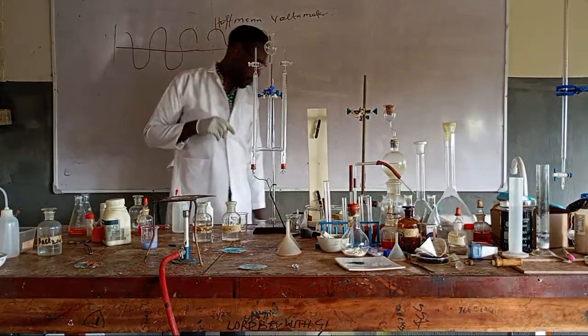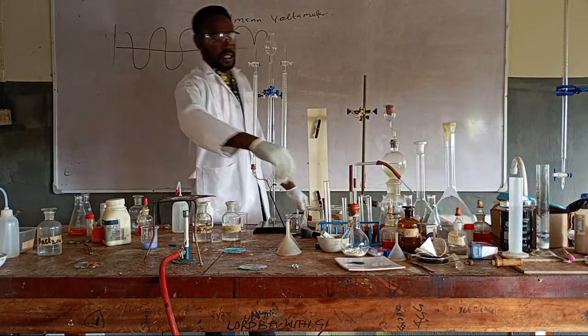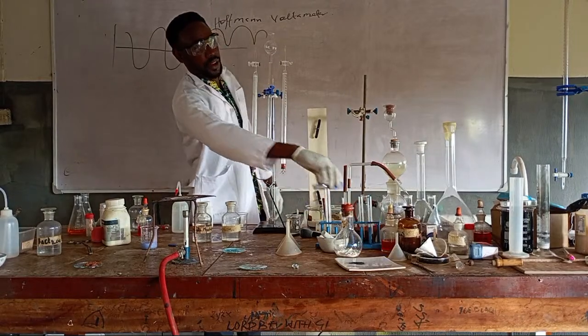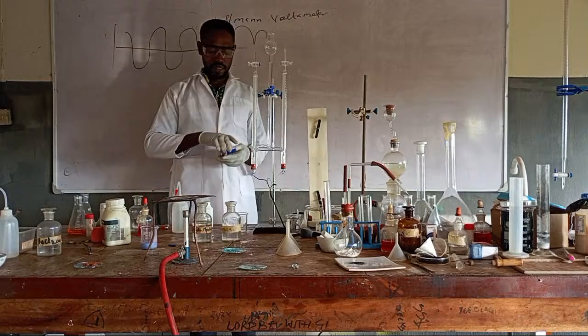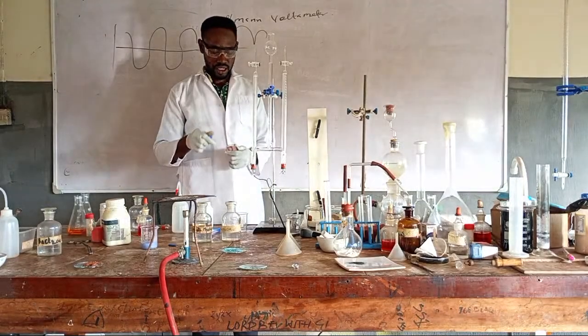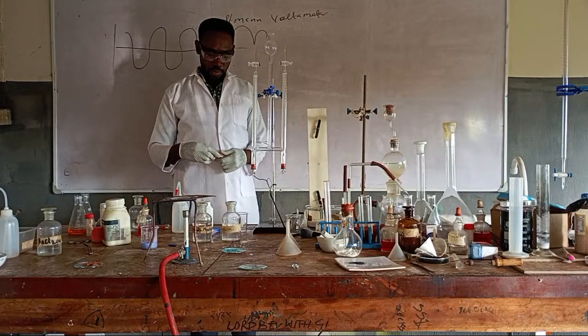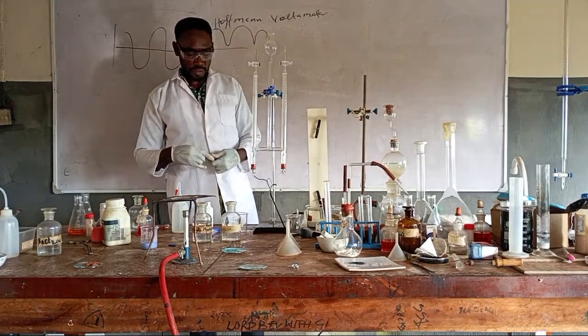So I will use litmus paper for us to be convinced that litmus paper and cobalt chloride paper are not the same. This one is the litmus paper, an acid-base what? Indicator, right? So blue litmus.